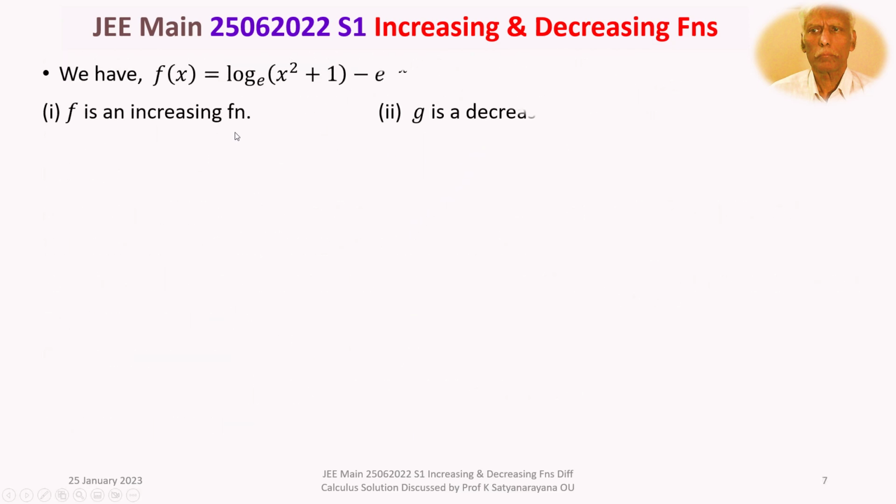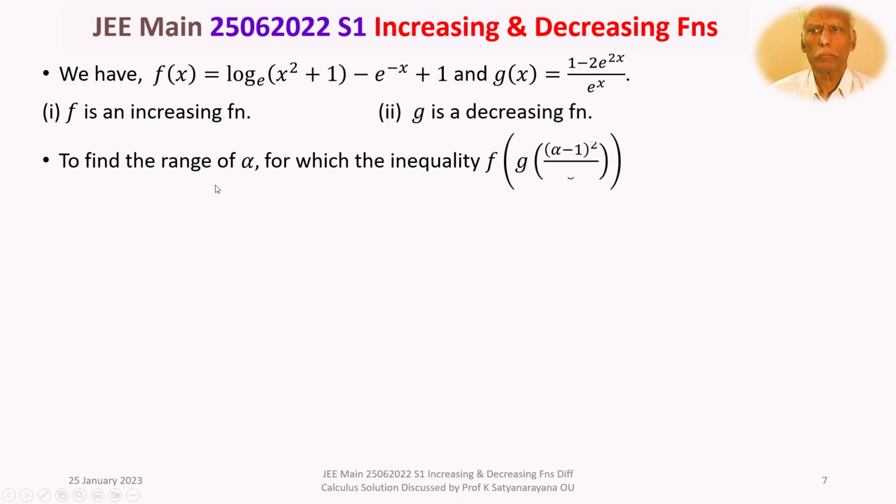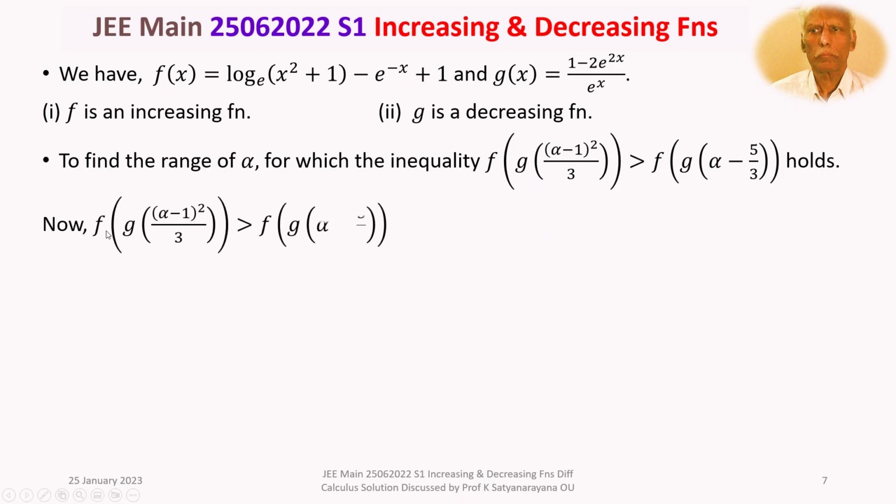So we have already proved f is an increasing function and g is a decreasing function. And we want to find the range of alpha for which this inequality holds good. So first of all, let's take the inequality. F of g of alpha minus 1 whole square by 3 is greater than f of g of alpha minus 5 by 3.